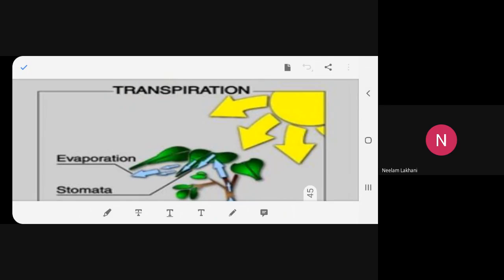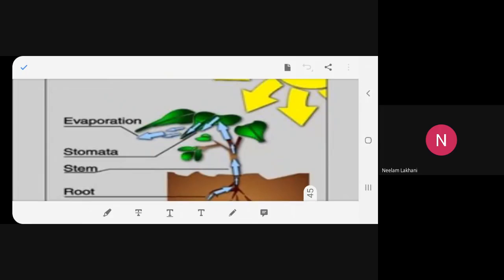Fine. Where do we get stomata? We get stomata on leaves as well as on the green stem. When the plant is a baby, when the stem is green, we get stomata also on the green stem. But when the plants grow big, obviously we lose stomata from the stem. The stomata are present only on the leaves at that time.